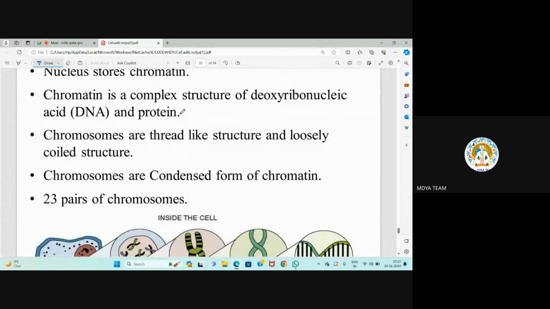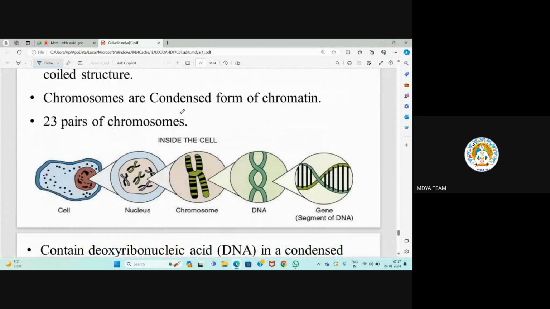Okay, so 23 pairs of chromosomes are present in the nucleus, and this is a very important question from the exam point of view. If the cell contains 23 pairs of chromosomes, how many chromosomes exactly does a nucleus contain? 46.